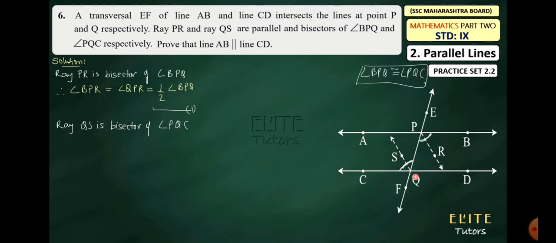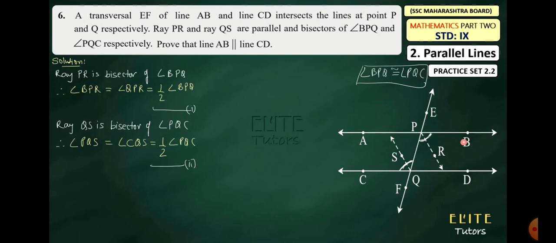So we can also write PQS equals SQC. So we will write angle PQS equals angle CQS, equals half of angle PQC. Same as before, we will take this as the second.